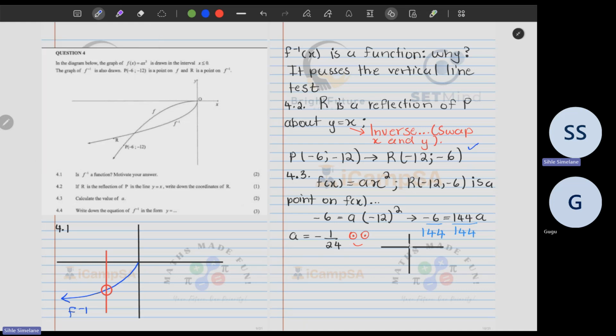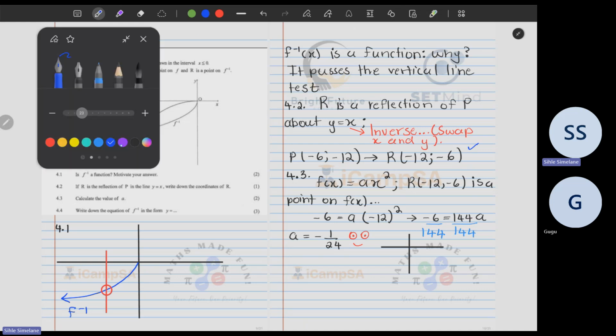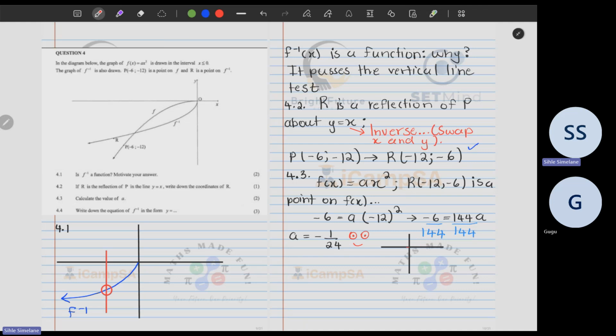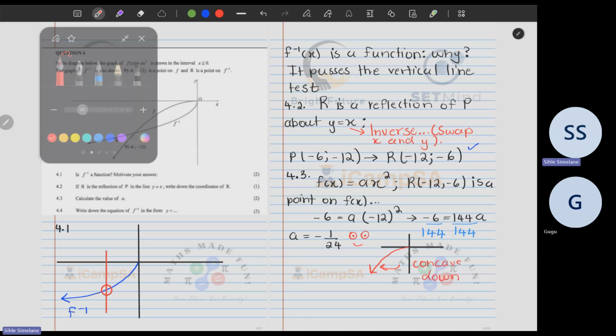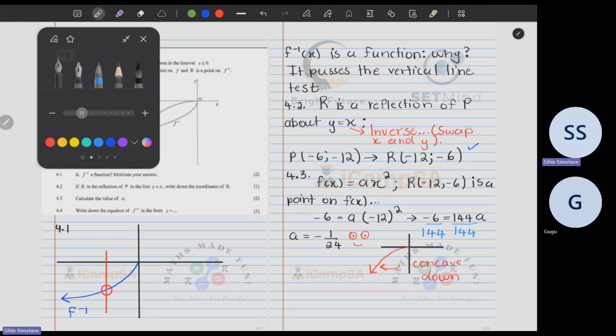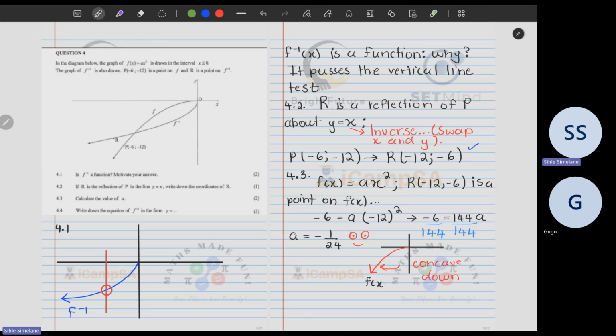So the original graph is concave down, something like this. So when we get a negative, we are not surprised, because that is what the f of x graph, ax squared, looks like. We do expect a to be less than 0, or negative.